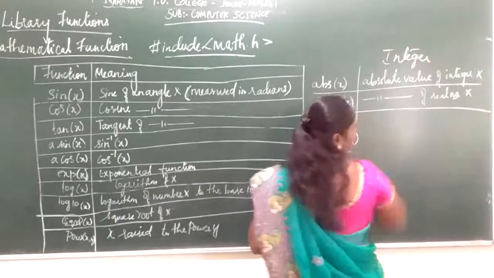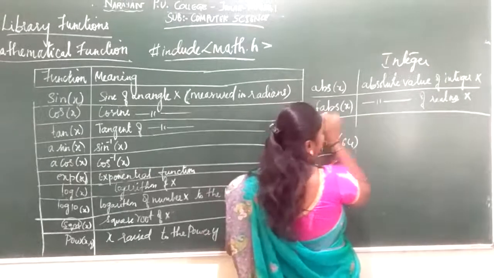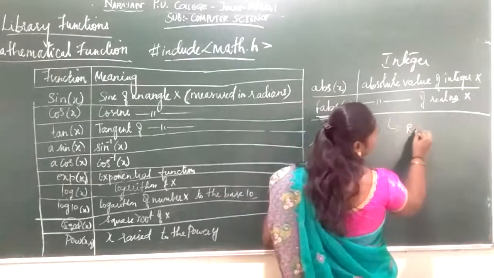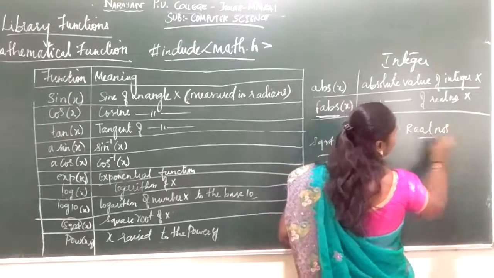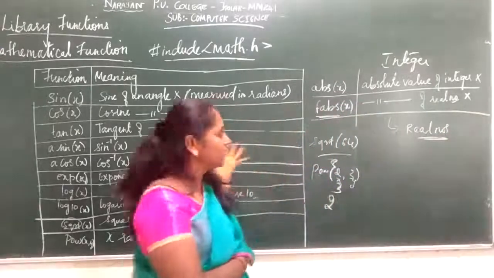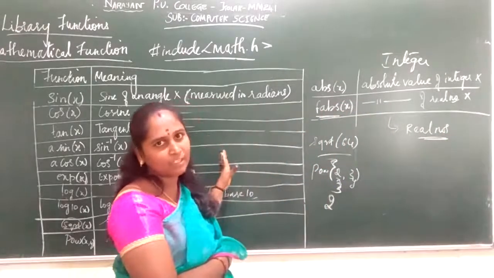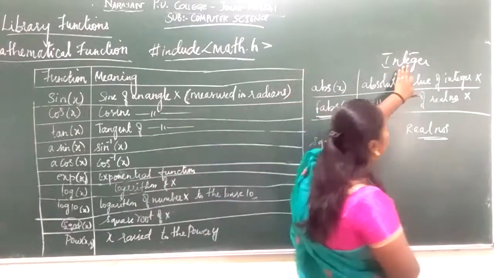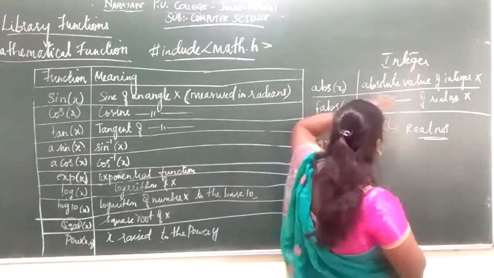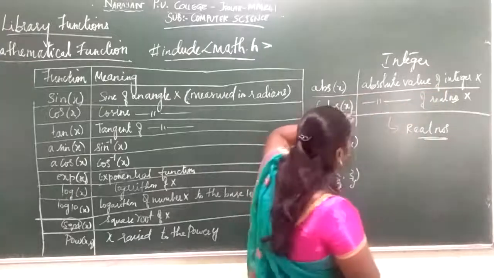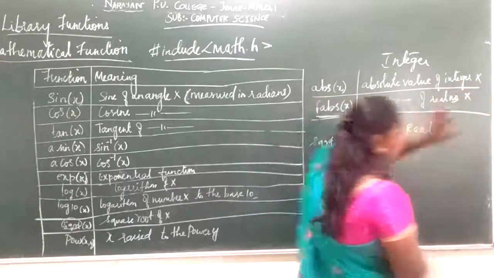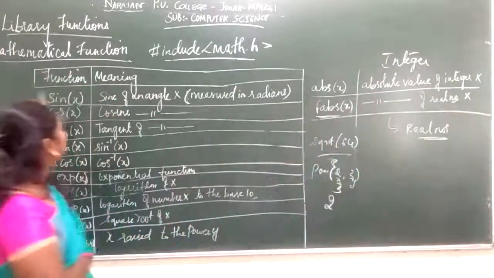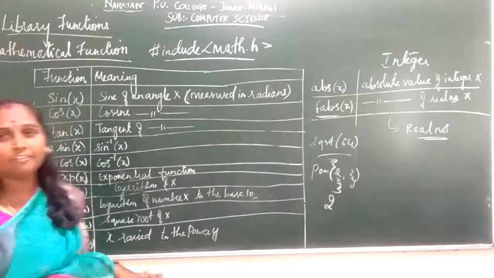Here fabs means it is going to produce your real number, that is your decimal part, the absolute value of your real number. Both the integer part as well as the real numbers can be produced with fabs, and the integer part can be produced only with abs of x, the absolute value of x. Then fabs is nothing but the absolute value of real numbers.